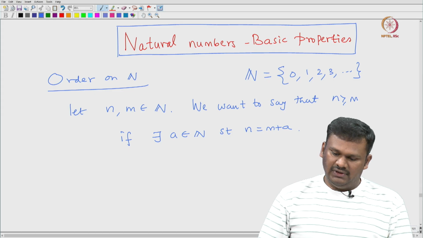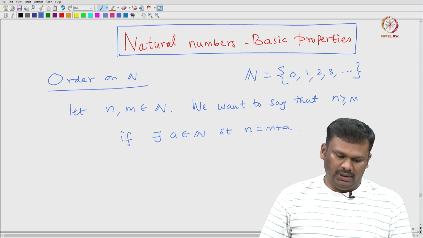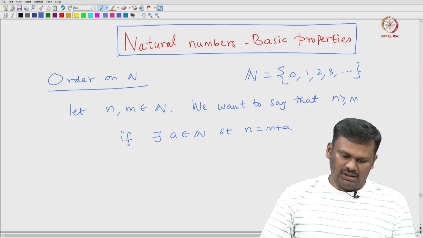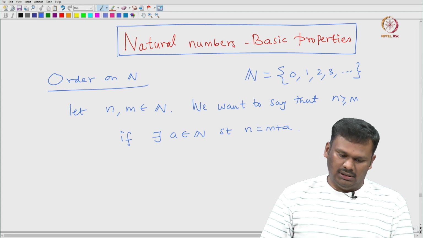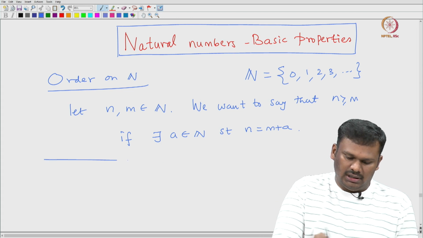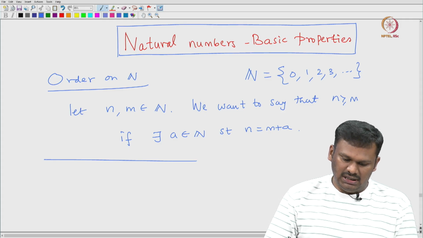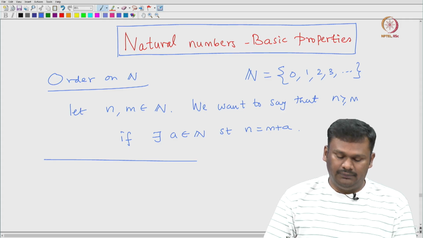Now, once we have defined this order, then we can see some of the basic properties of this order with respect to the addition and so on that we have in N. There are two important operations that are defined on N. One is the addition, another one is the multiplication.